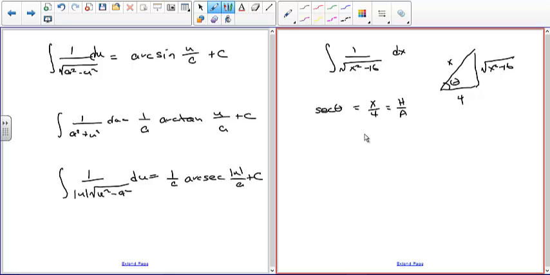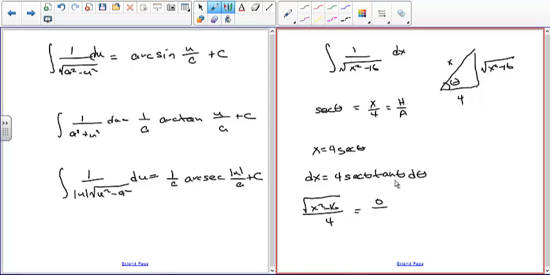Okay, we just did this, so we get x is equal to 4 secant theta, dx is equal to 4 secant theta tangent theta d theta, and the final substitution we use is the square root of x squared minus 16 over 4 is the opposite over the adjacent, which is the tangent. So we can solve for the square root of x squared minus 16 is equal to 4 times the tangent of theta.